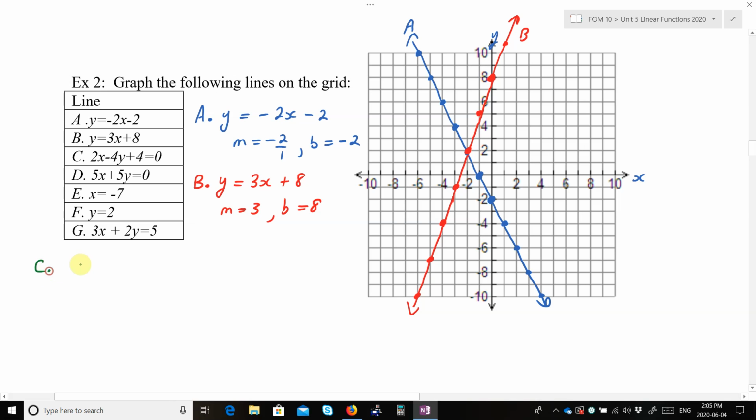Letter C, let's do in green. We have 2x minus 4y plus 4 equals 0. And we want to get y by itself, so subtract 2x, subtract 4.